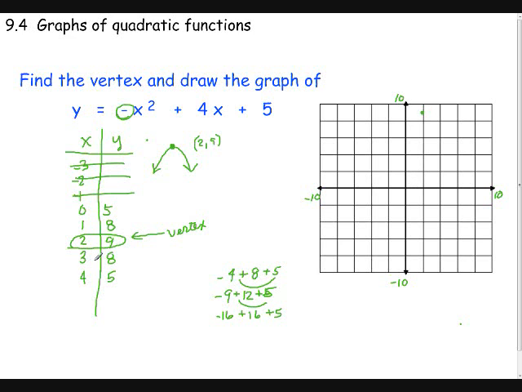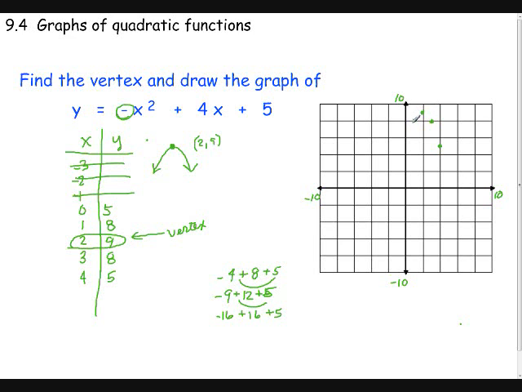I'm going to keep going here. 3 in, 8 out. 4 in, 5 out. And we know this is going to be the line of symmetry right down through the vertex.